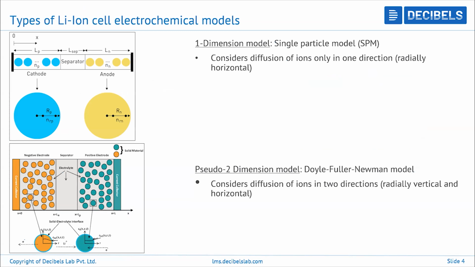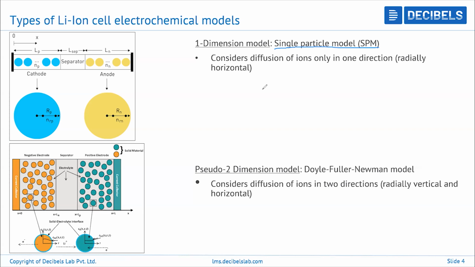So what are the types of electrochemical models that we can have? Most commonly in the framework of cell modeling and cell simulation, we can have two types. One is called a first order or one dimension model, that is the single particle model.